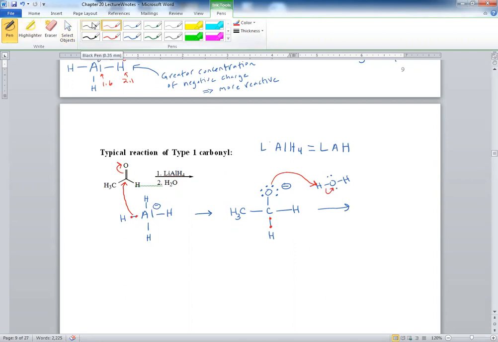And you would get your alcohol product. So I'm showing you everything here, so everything should be accounted for.